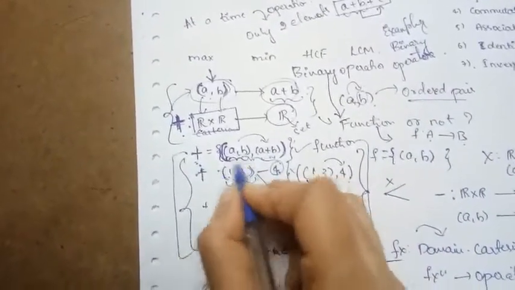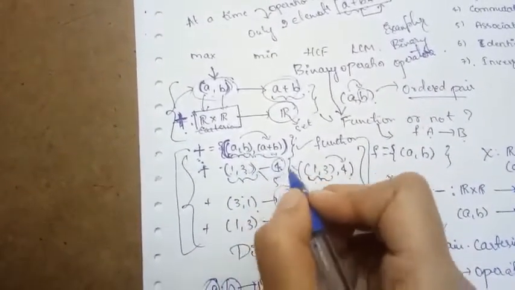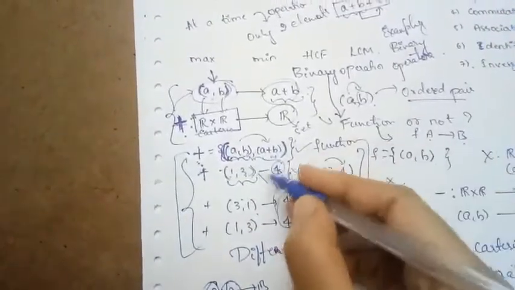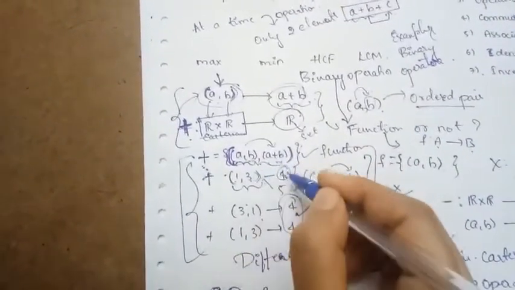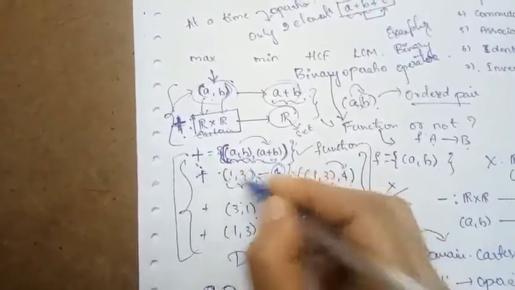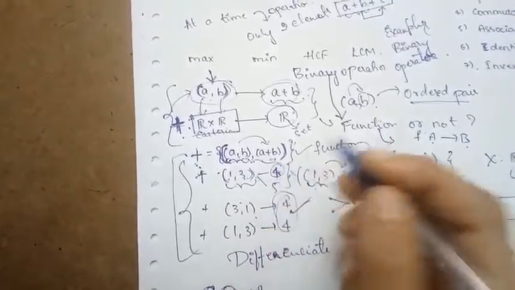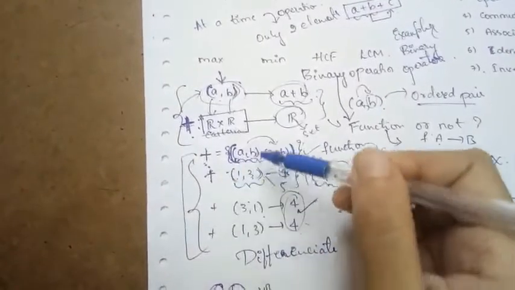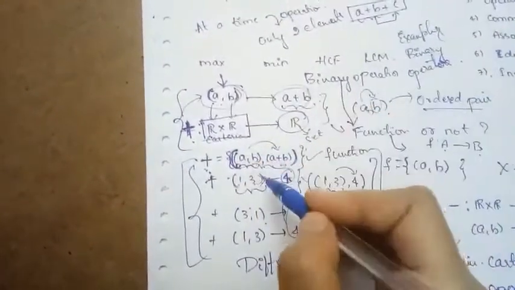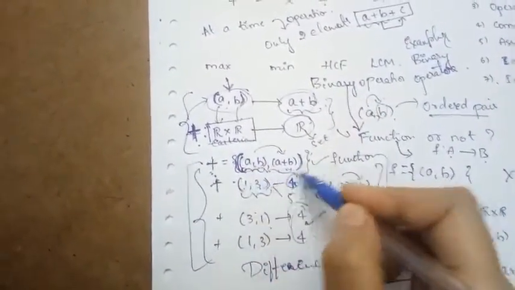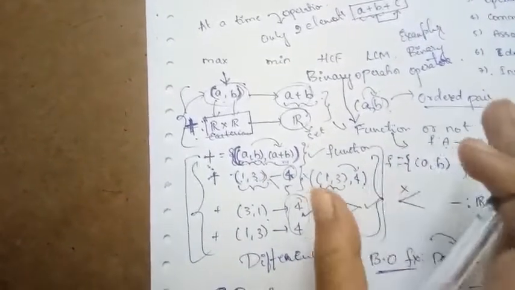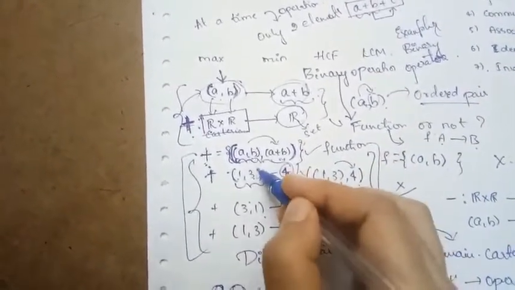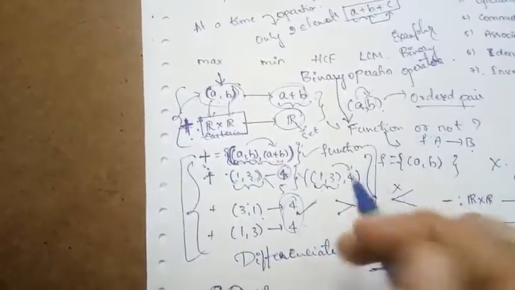So for the same element we cannot get different sums like 5, 6. For these two numbers we are going to get the sum as 4 only. So the same first element in an ordered pair cannot have two different images. Whatever the element we have, we get one image.